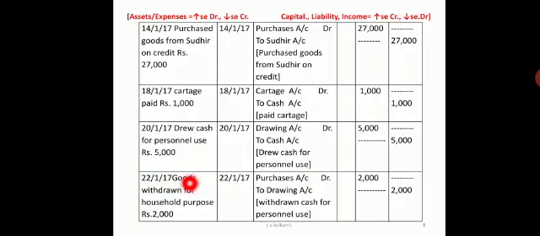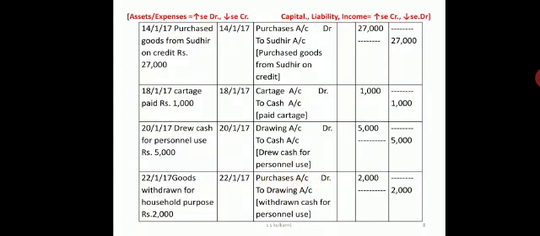On 22nd, goods withdrawn for household purpose. Now when I say household purpose, that means it is again for my private use. So narration will be purchases. That means I have already purchased goods for my business, but certain quantity up to 2,000 I am using for my personal use. That means the proprietor is taking those goods from his business. So I will debit purchases.